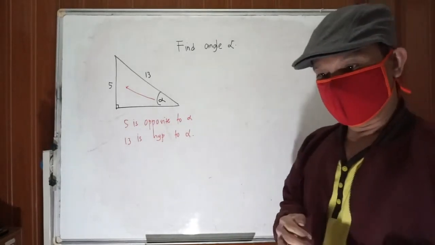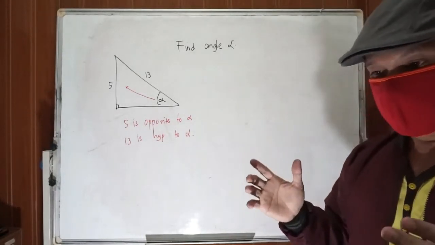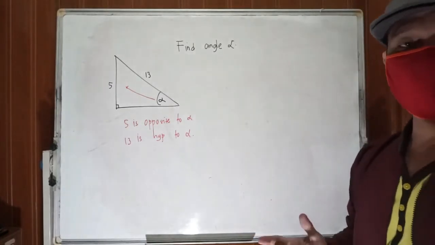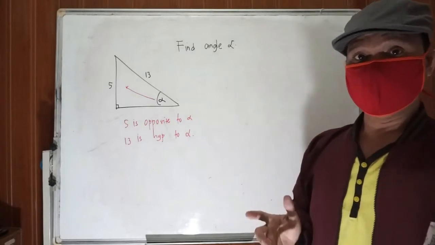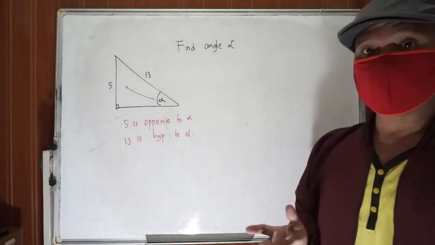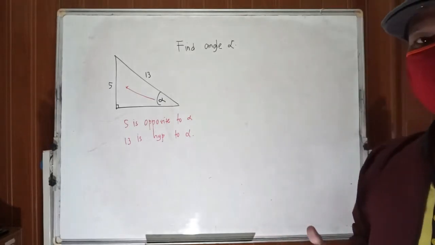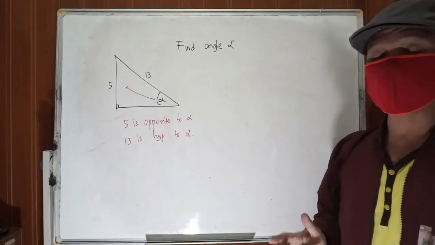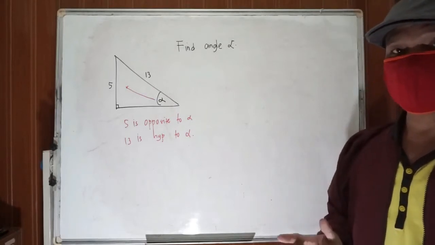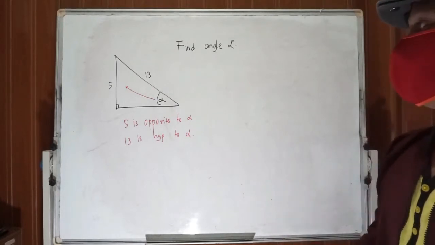As I informed before, what is the quick and easy method to solve trigonometry? By finding the connection between the missing item and the known side. Once again, find the connection between the missing item and the known side.